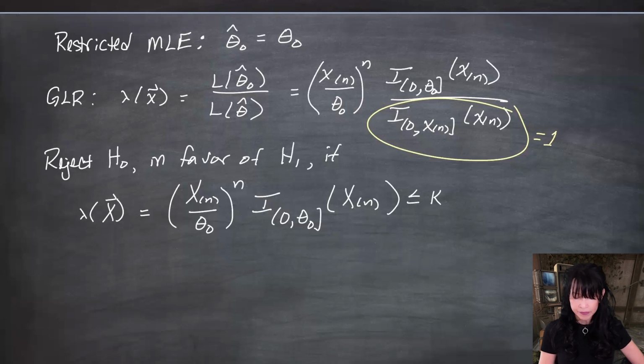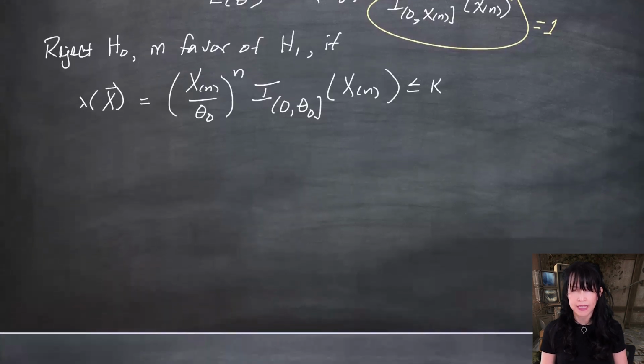But I'm definitely not going to get this as a single instance of that statistic, the maximum, on the left-hand side, because the maximum is appearing in two places on the left-hand side that are not going to combine very easily. So I am going to work with this entire expression. And this is something that you often have to do when you're finding a GLRT and the parameter is in the indicator.